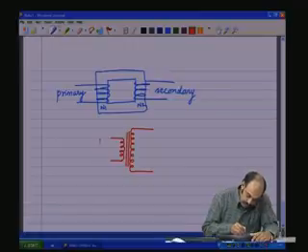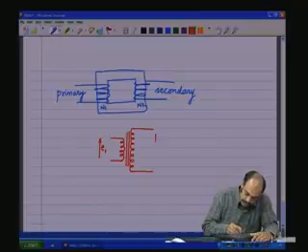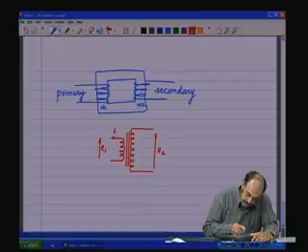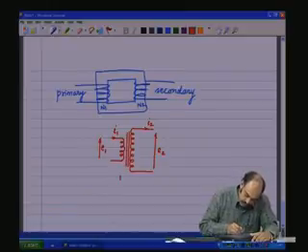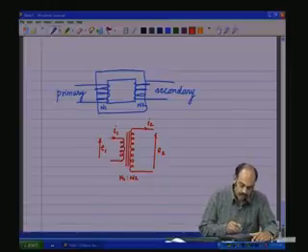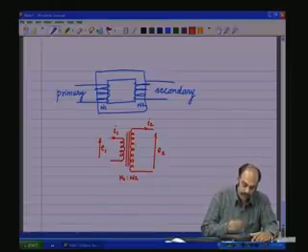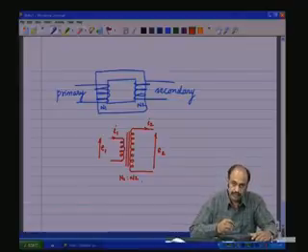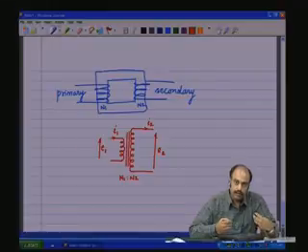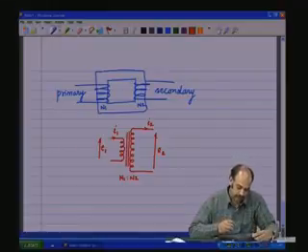This is the primary or E1, this is the secondary or E2, there is a primary current I1, secondary current I2, and N1 is to N2, the number of turns in the primary and the number of turns in the secondary. This is how a transformer is represented as a component in an electrical circuit.